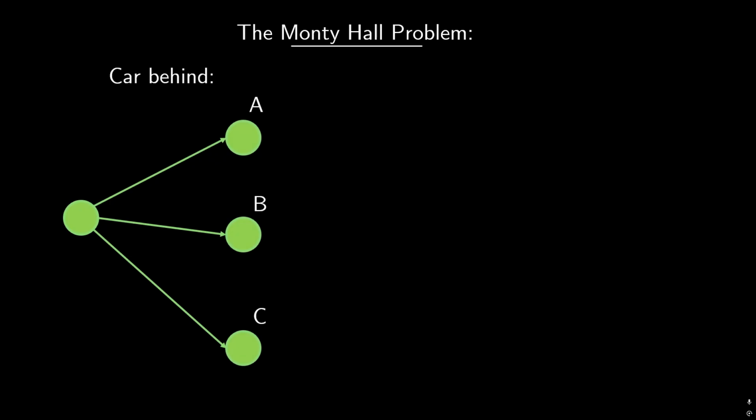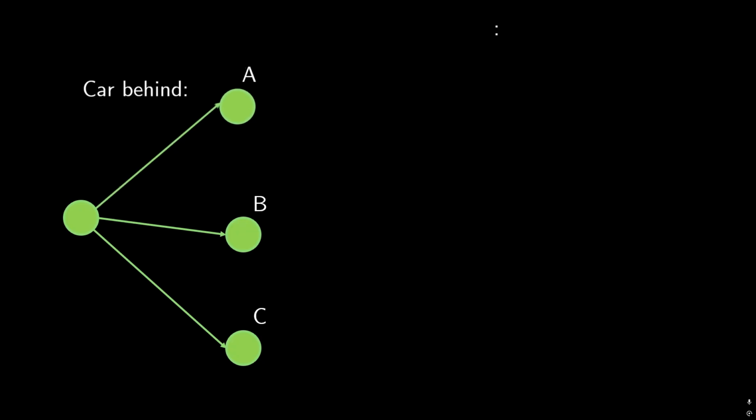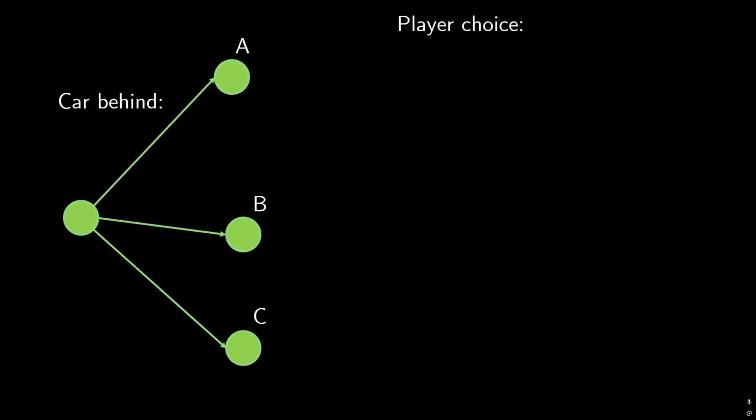Okay, so how we're going to model this for probability, let's try something simple. We're basically going to try to enumerate all possible sequences of outcomes. At the very beginning, the very first choice that is made is which door the car is behind. So let's say it could be behind either door A, B, or C. Now for each of these choices, we can also make a player choice, which is which door we choose initially.